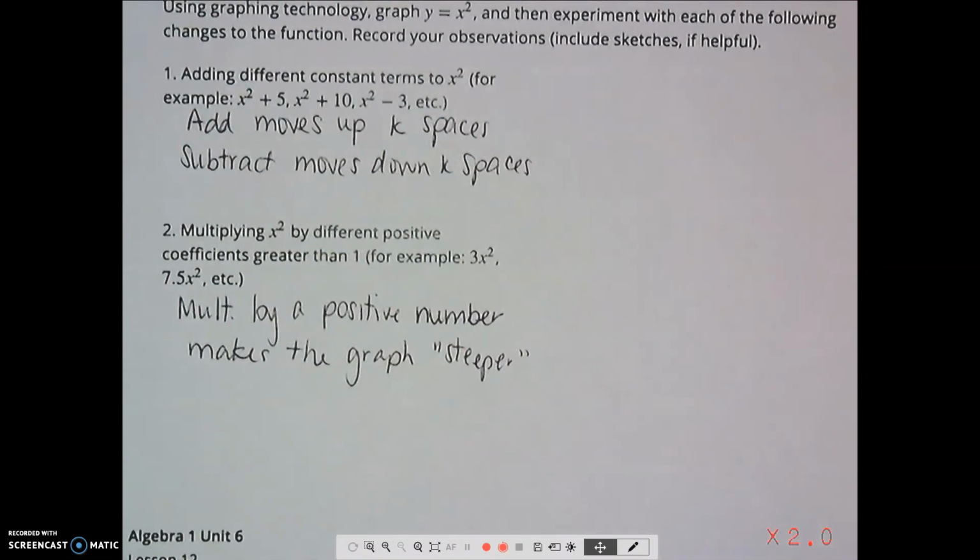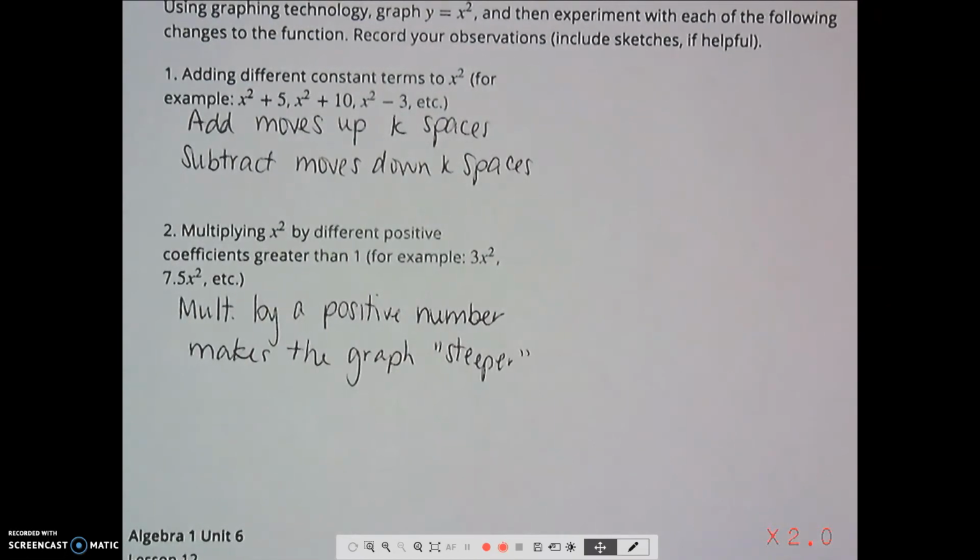So the bigger the number, the steeper or the skinnier it's going to get. Okay, so it is going to make the graph skinnier. All right, so let me get the next set up here.